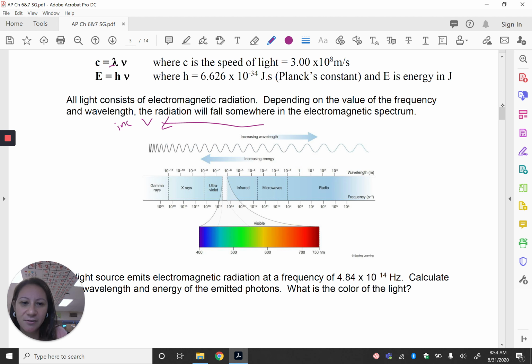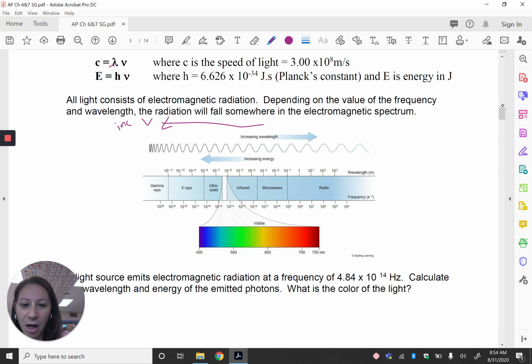So we have all kinds of waves here. We have gamma rays, X-rays, ultraviolet, infrared, and in between the ultraviolet and infrared, this small portion, that is your visible spectrum, the ROY G. BIV. And then microwaves, radio waves, and so on.